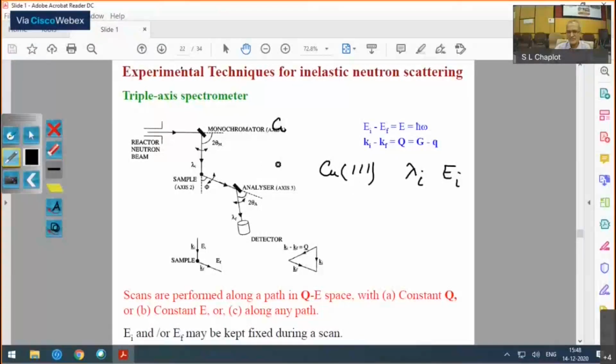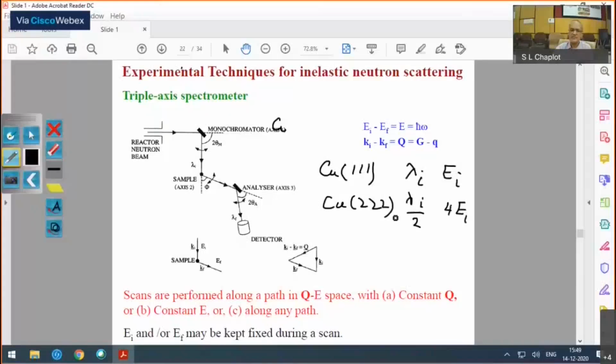But when I'm setting this, copper 222 also reflects, and at the same angle it will give a wavelength which is half. For the next higher reflection, the d spacing is half, and the wavelength is 2d sin theta equal to lambda. So the wavelength is half, or the energy is 4 times.